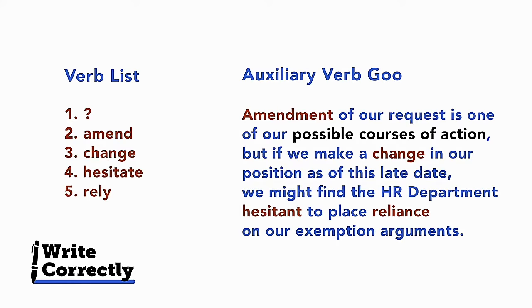Well, let's use the verb amend to carry that same meaning. If amendment of our request is a possible course of action, then we blank amend our request. Fill in the blank. We could amend our request. And what kind of word is could? Well, you'll soon learn that it's a modal auxiliary verb.